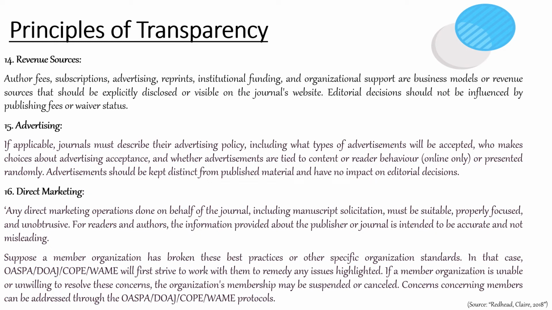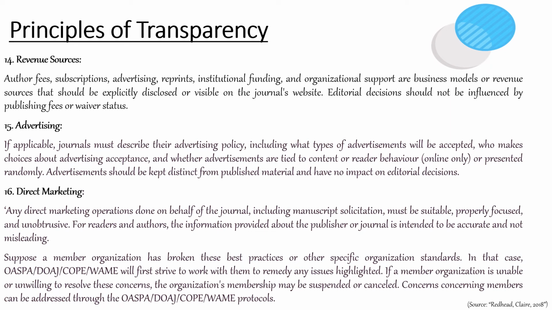Advertisements should be kept distinct from the published material and have no impact on editorial decisions. Direct marketing: any direct marketing operations done on behalf of the journal, including manuscript solicitation, must be suitable, properly focused, and for readers and authors, the information provided about the publishers and the journals must be accurate and not misleading.